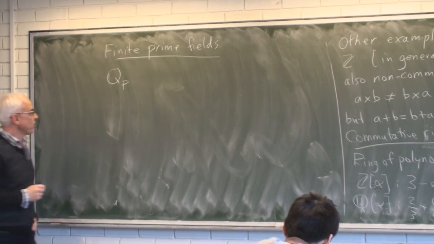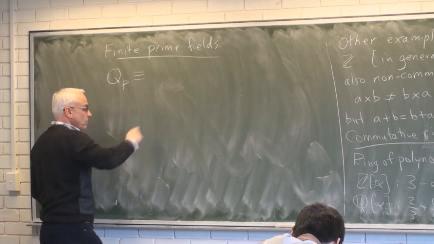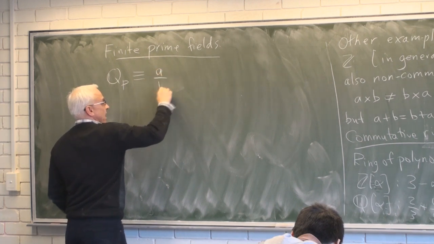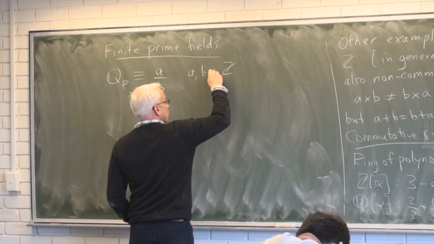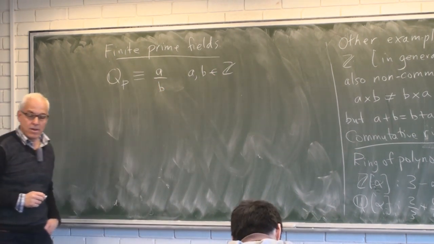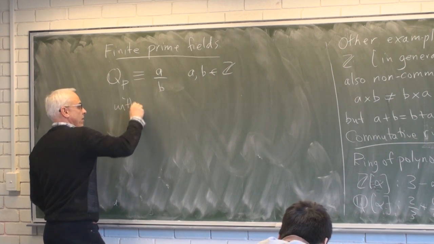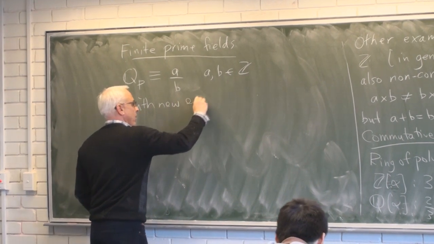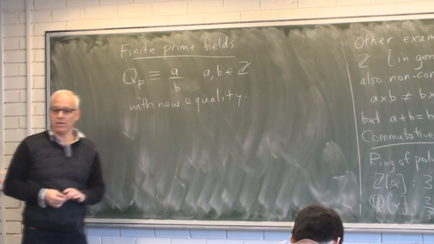Okay, so let's just put Q sub P. And what is this? Well, it's things of the form a over b, where a and b are integers, with a new notion of equality.